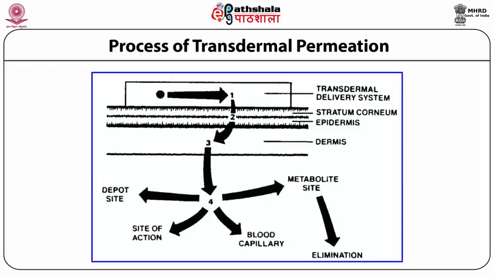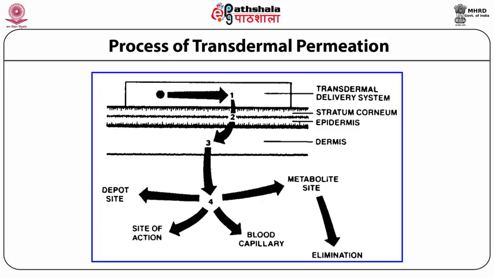In continuation of what we have just understood, let us try to predict how a transdermal patch, which is the commonest type of transdermal drug delivery system, will go through the process of transdermal permeation.